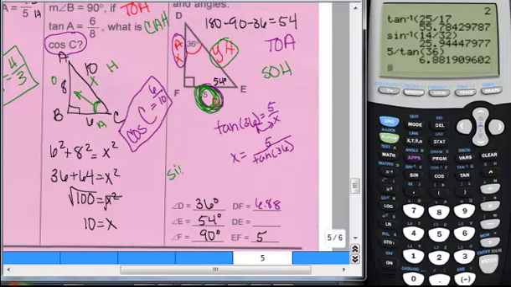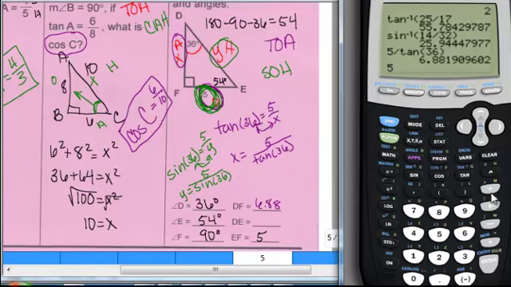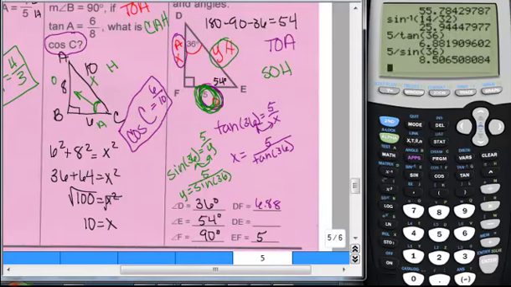So the sine of 36 is equal to opposite over hypotenuse, 5 over y. And these two flip-flop. So 5 divided by the sine of 36 is 8.51.